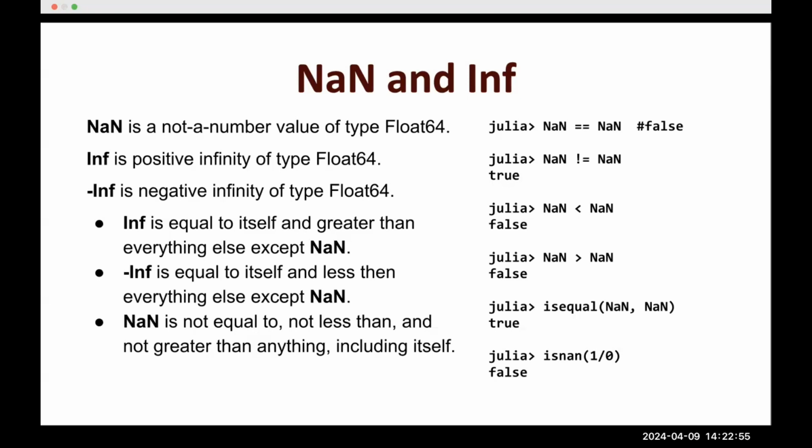Infinity could be representing a number, but this number is just so big you cannot represent it with current hardware resources. It's just infinite. Inside Julia, it's treated as a number. NaN is an error that the system can capture, but infinity here is treated as a number in Julia, which is a kind of different.